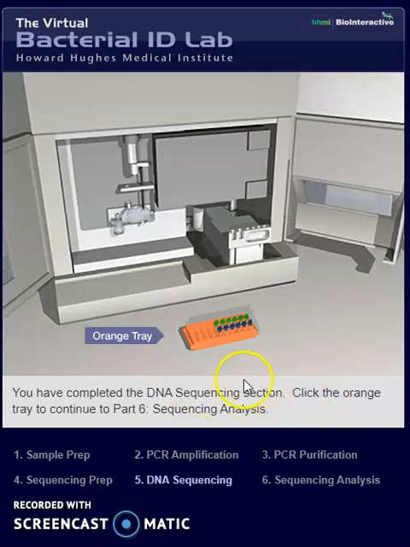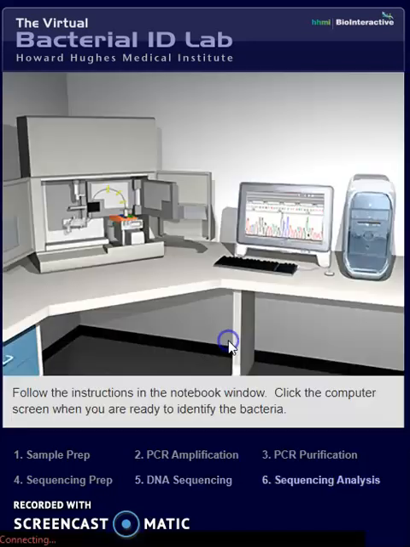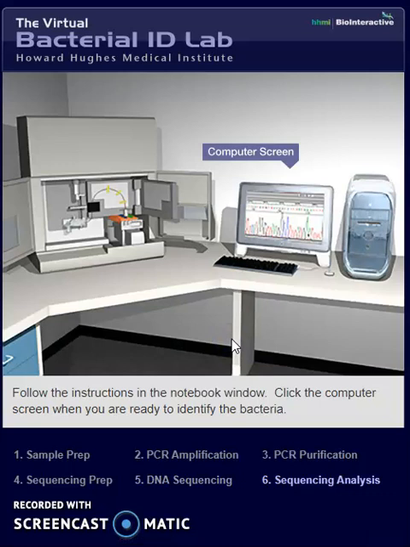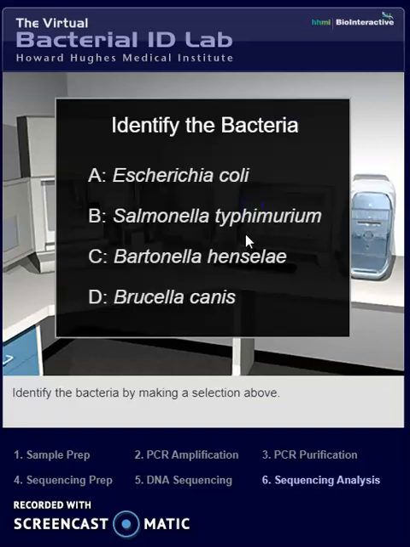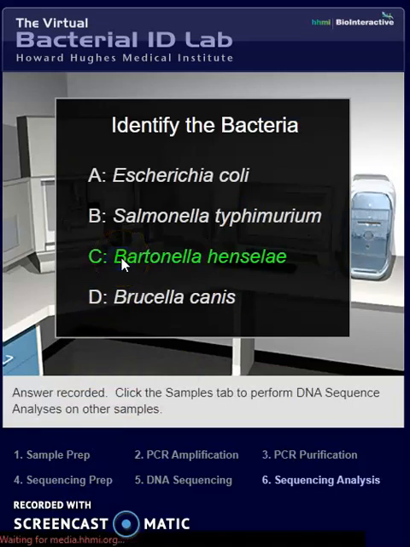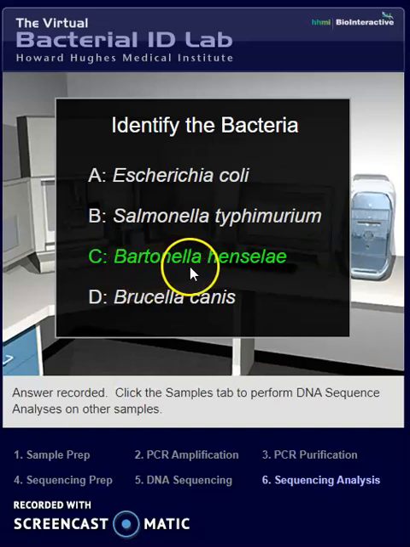Done. We have now completed the DNA sequencing section. We will do step 6, which is the last step, sequencing analysis. This is the bacteria Bartonella henselae.